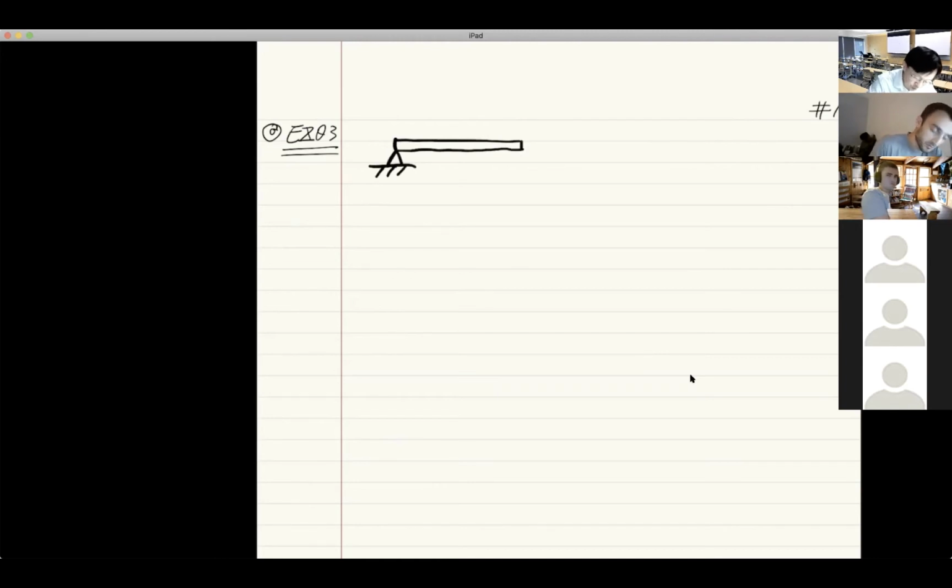This bar is subjected to an axial force right here, force P. If we define this point to be A, this point to be B, and the total span is L, it also has its own E and I. And so where's the spring?